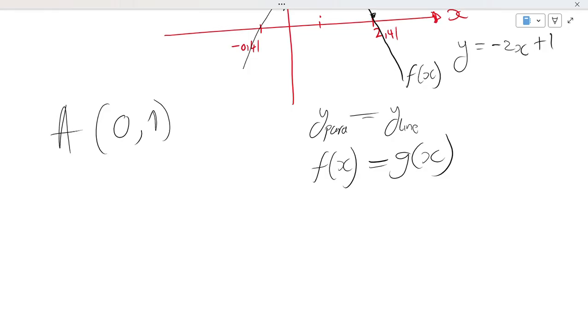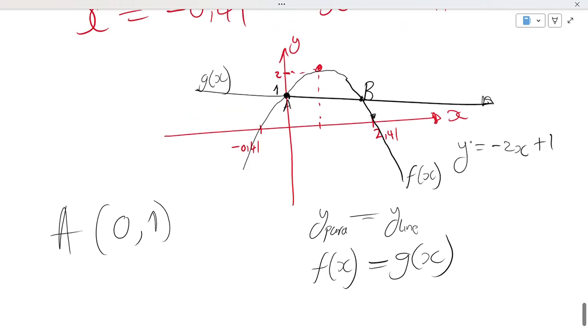What this means is the same thing as what I'm showing now. It's the intersect. When f of x is equal to g of x, we are talking about intersects.